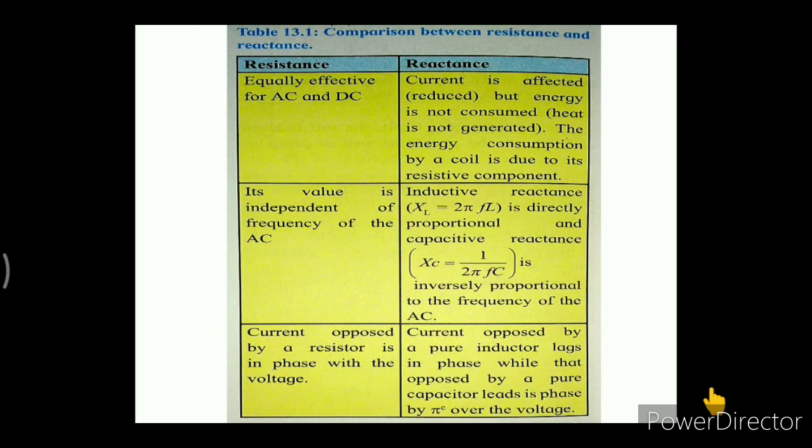That means the instantaneous current when the capacitor is connected across the circuit is I equal to I0 sin omega t plus pi by 2. Hence, we can say that the current opposed by a pure inductor lags in phase, while that opposed by a pure capacitor leads in phase by pi by 2 radian over the voltage.